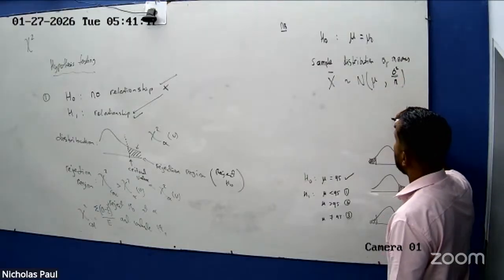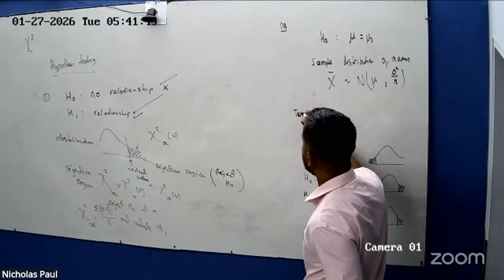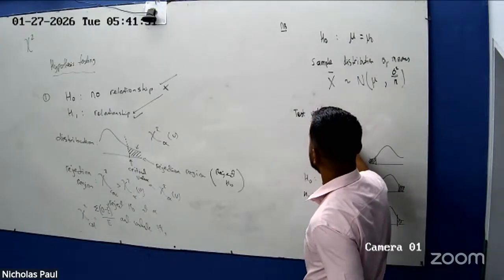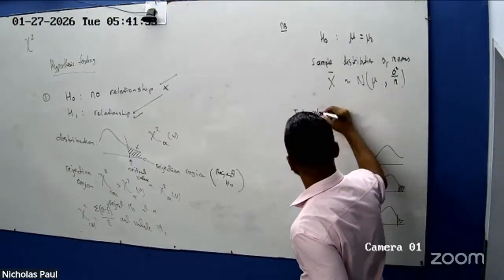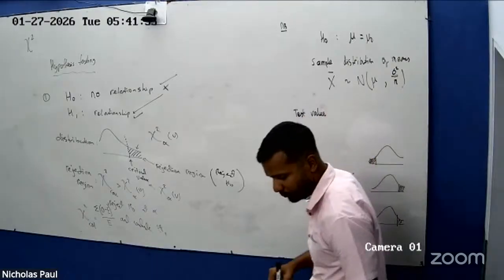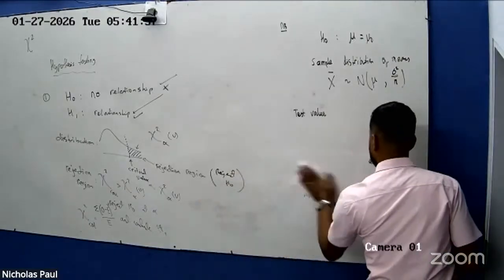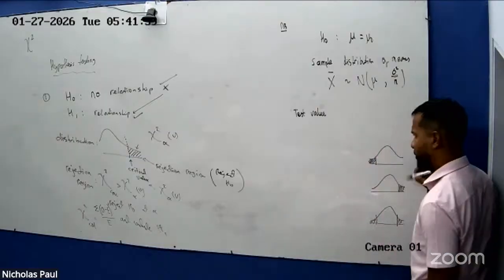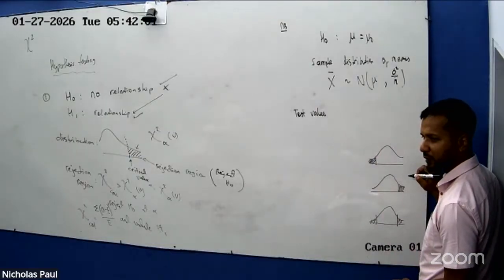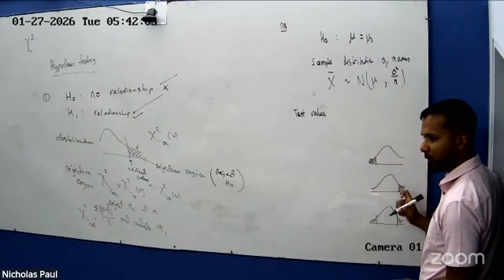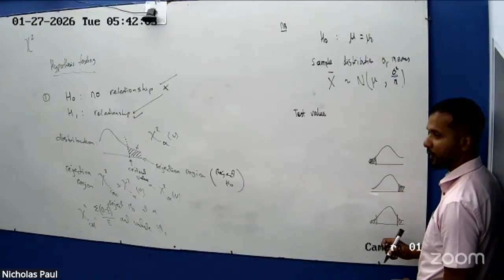Right, and one more thing, how we get the test value. So add this to your notes, please. Let's do a little sketch on lower tail, upper tail, two tail tests.